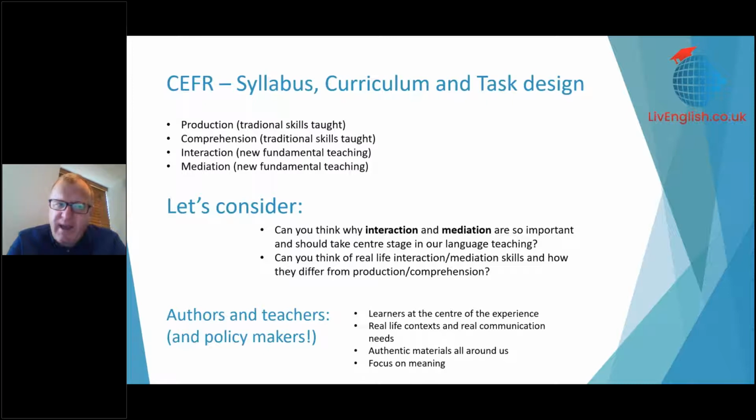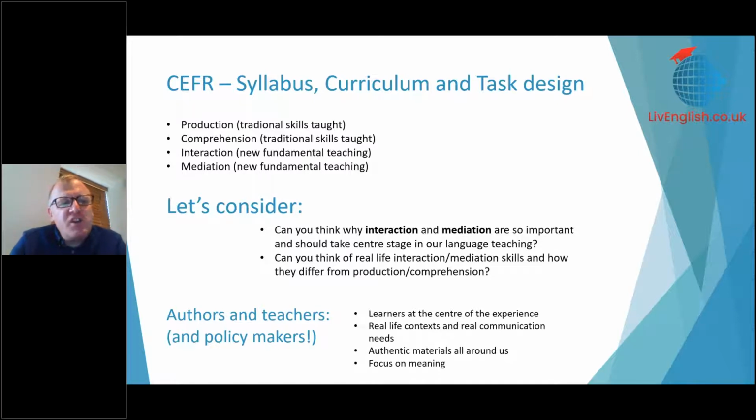Now, again, only touching these two points will probably take a few hours of presentation and discussion about what interaction and mediation mean. But when we talk about mediation, we're not talking about, well, potentially it could be a police officer mediating the release of someone who's kidnapped.